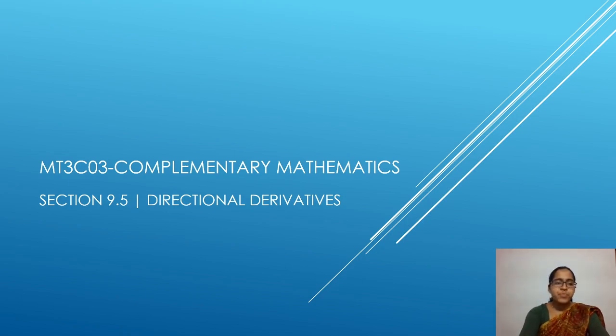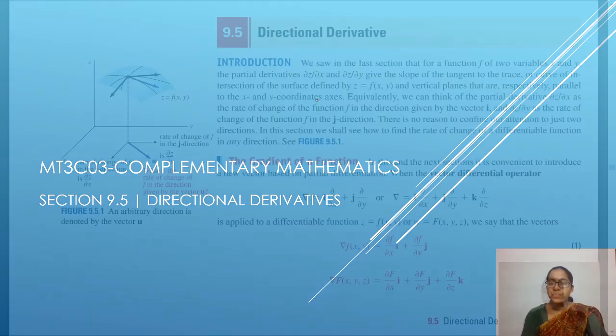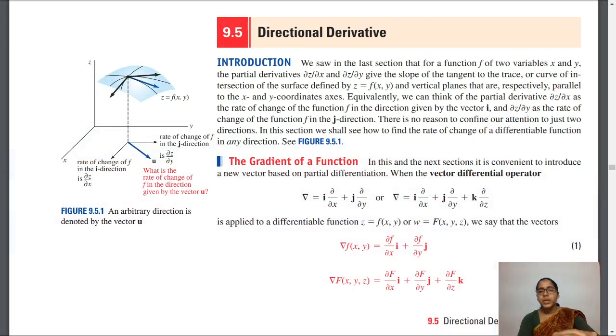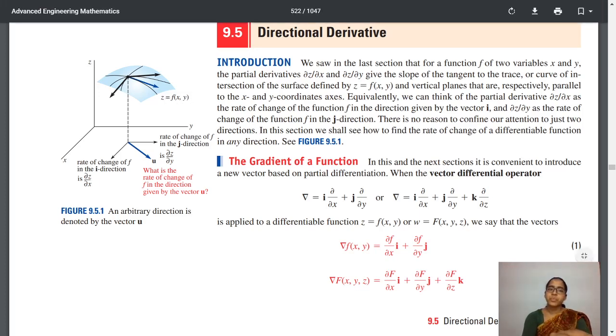So let us see. We are given a surface, say z is equal to f of x, y. Just look at figure 9.5.1. We are considering the surface z is equal to f of x, y, which is the blue shaded portion.